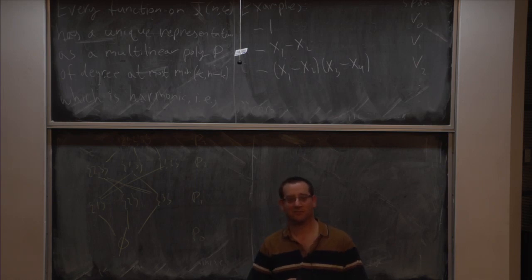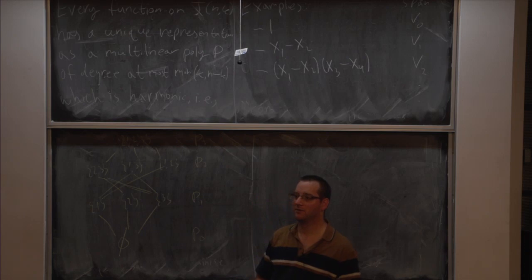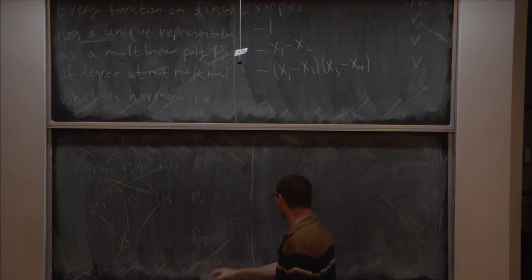Suppose you have a triangle: A is less than B, B is less than C, and A is less than C.